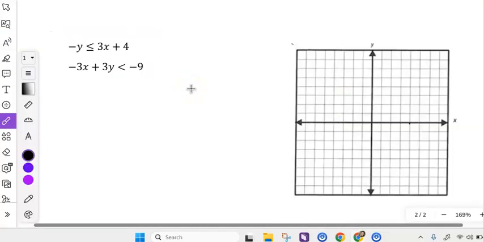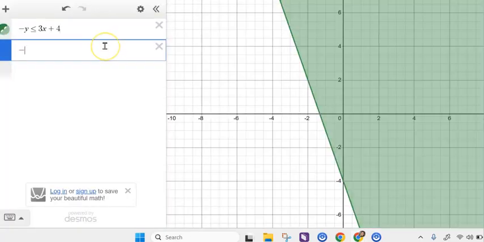So we're going to go a little past negative 1 and negative 4. It is an "or equal," so we're just going to make sure, okay. There we go. Now we're going to graph the second one: negative 3x, I believe it was, plus 3y.